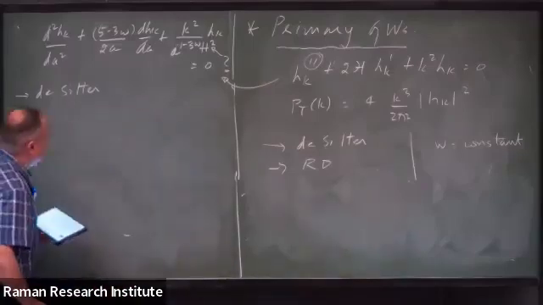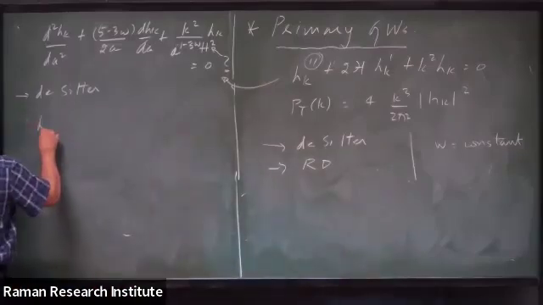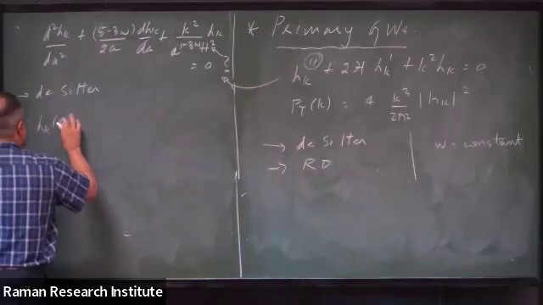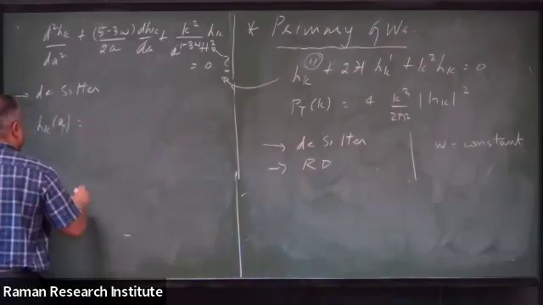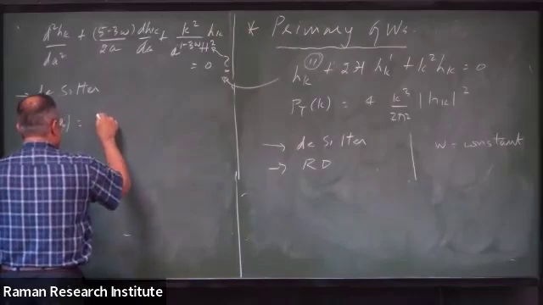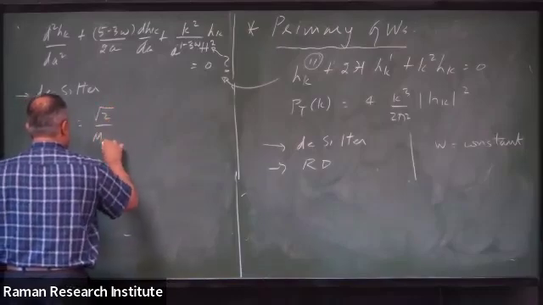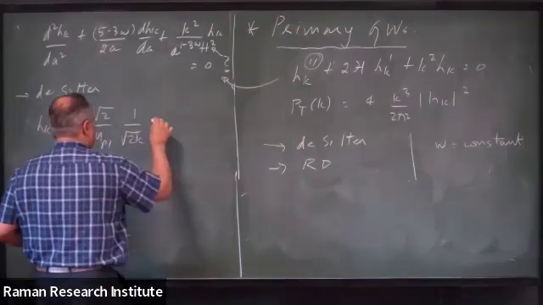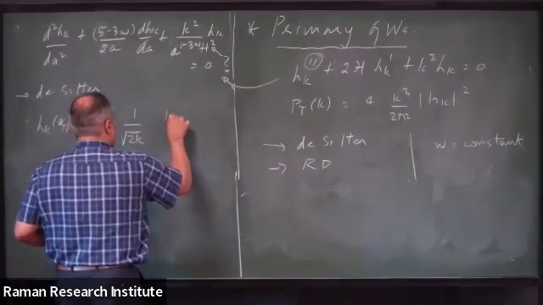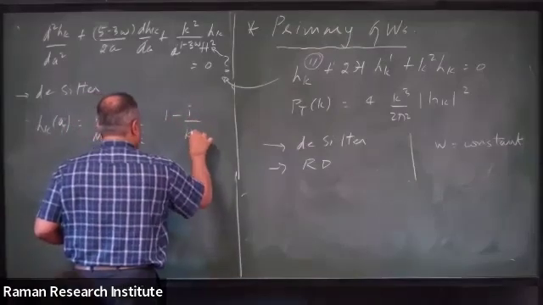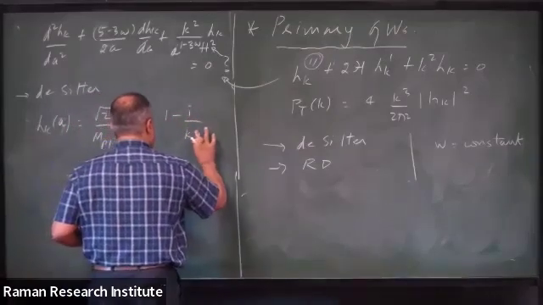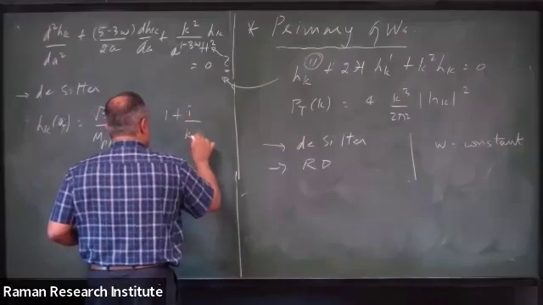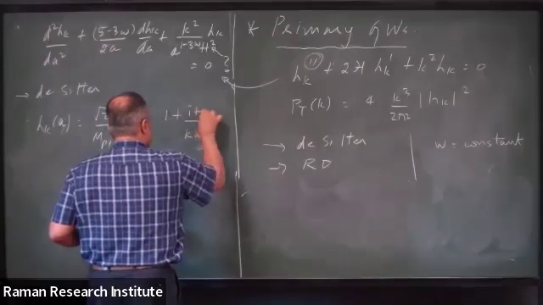Now in de Sitter, the solution happens to be in terms of a. Remember, I can write this as root 2 by M_Pl, 1 over root 2k, 1 minus i by k eta, and eta in de Sitter is plus 1 over aH.